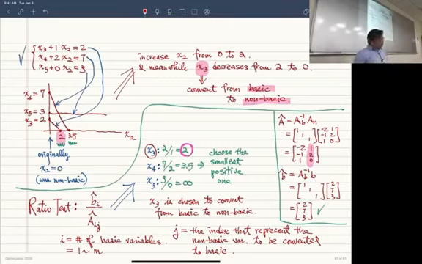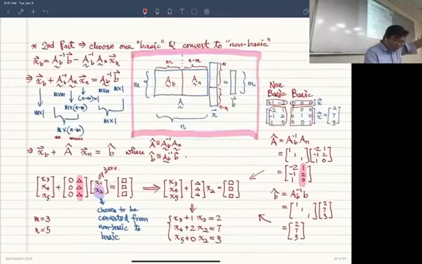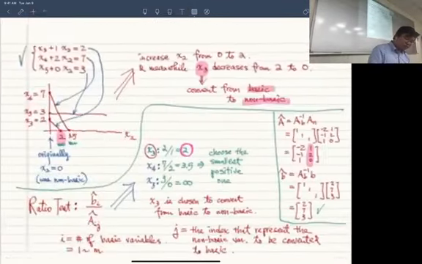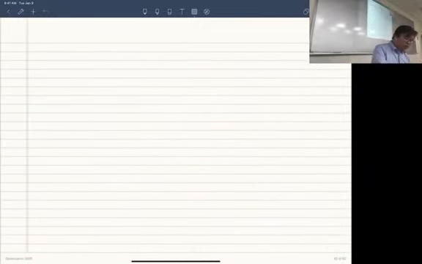Okay, so with all these, we have two decisions. First decision is that our x2 changes from, take a look, what happened. We're almost there.